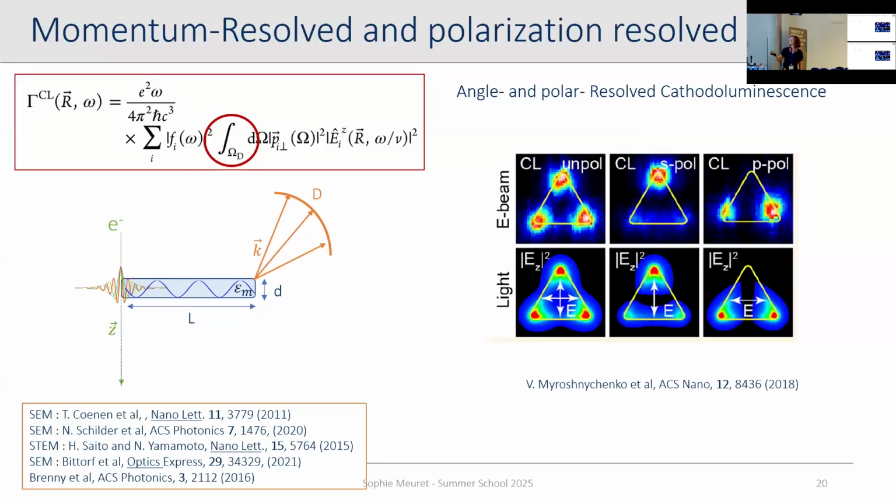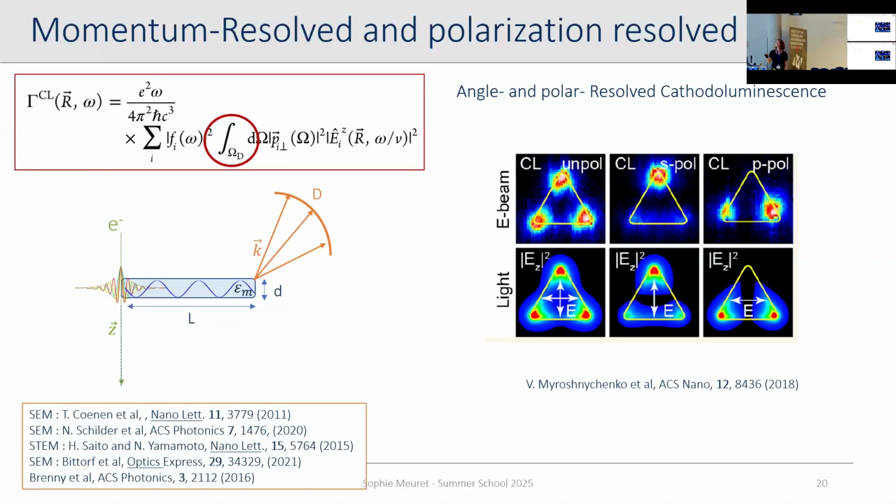And if you now look again at your triangle and you filter your light in polarization, in angle, and of course in frequency, what you can see is that you have one dipolar mode between here, and another one between here and here, which is something that, of course, you cannot see when you just look at your non-resolved triangle.